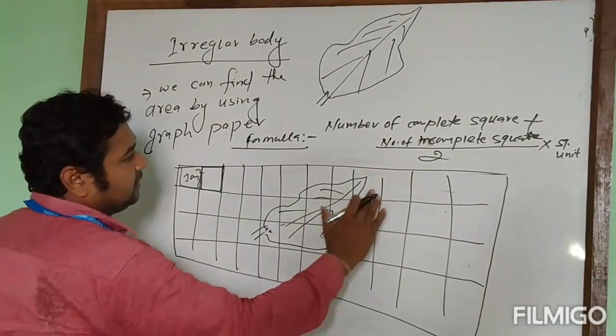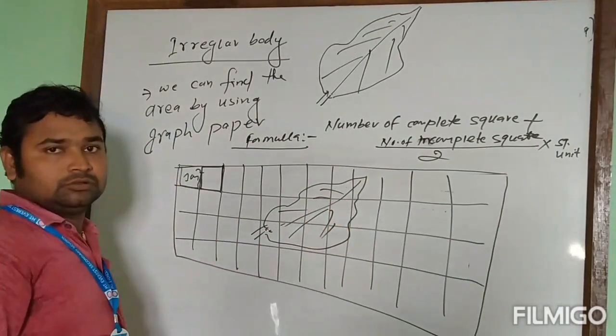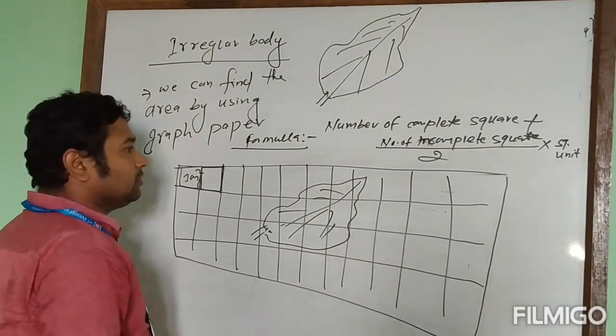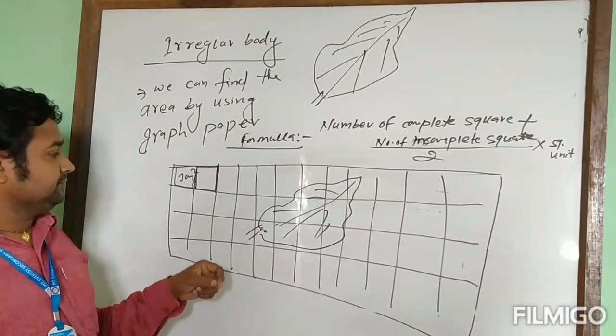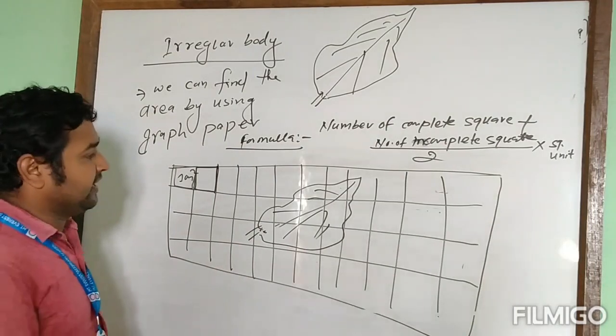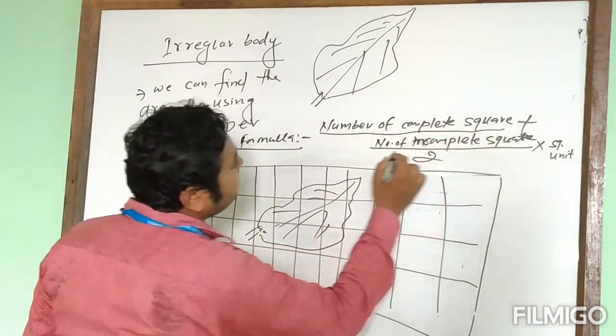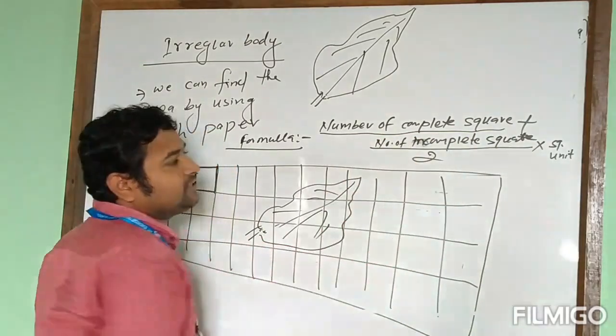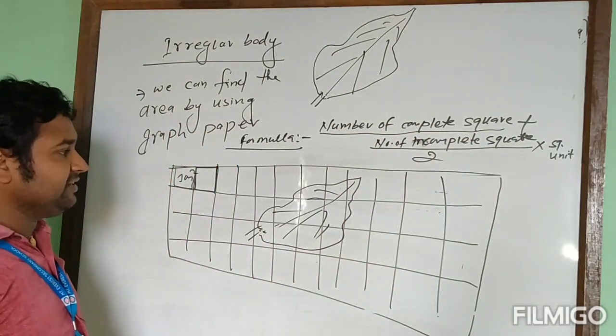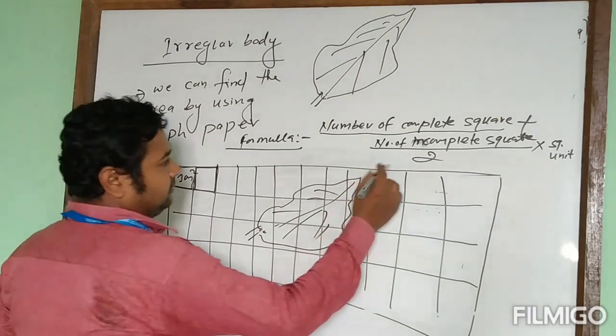Then what is the formula? Our formula is number of complete squares plus number of incomplete squares by 2, into square unit. Now let's check it out.